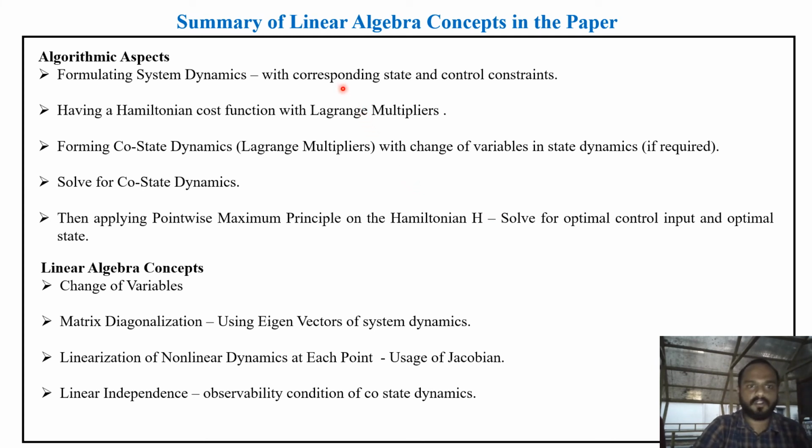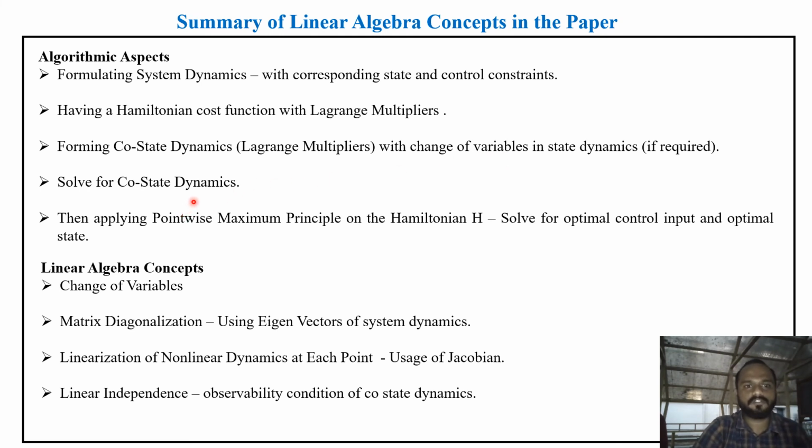What is to be done for formulating from a non-convex to a convex problem? You formulate the system dynamics corresponding to the state and control constraints. Then using the cost function, you formulate the Hamiltonian with Lagrangian multipliers, and you form the co-state dynamics with a change of variables in the state dynamics to linearize the non-linear state dynamics.